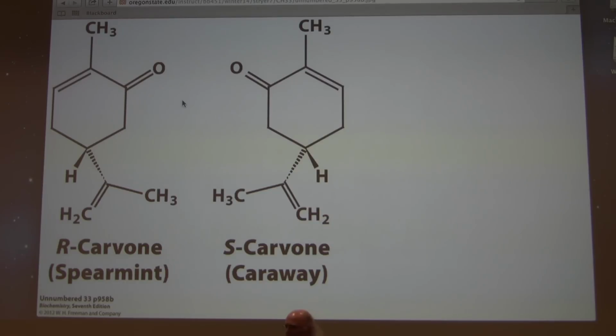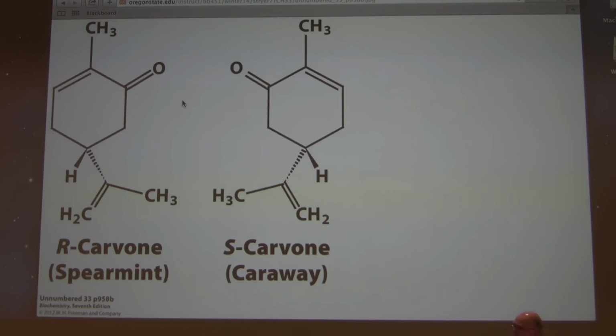Spearmint versus caraway, two very, very different things that we can smell, and their structures are nearly identical. The only difference is that one is a stereoisomer of the other. They have exactly the same chemical formula and exactly the same chemical groups.